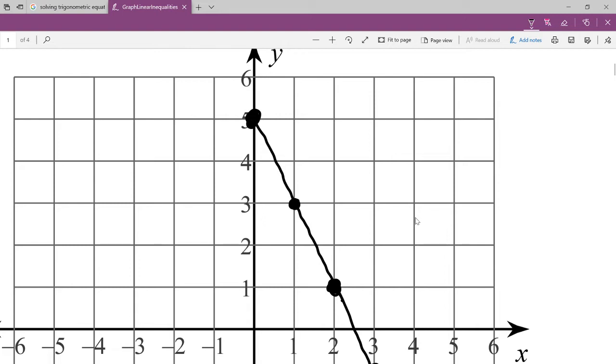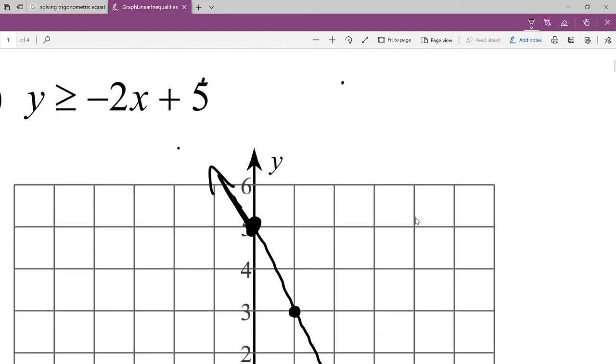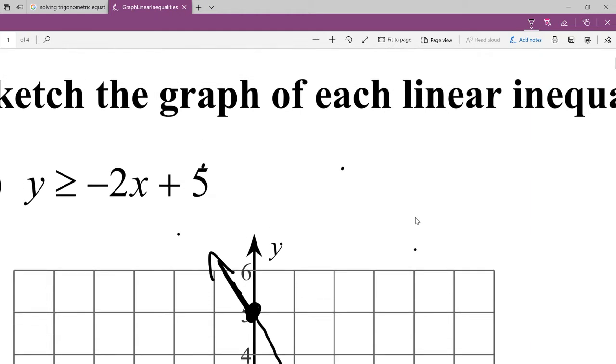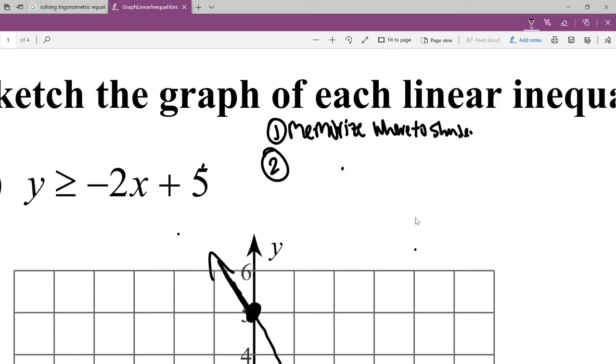and now there's two ways to know whether you shade to the right or the left, or above or below. Number one, you can memorize where to shade, or number two, you can use test points.